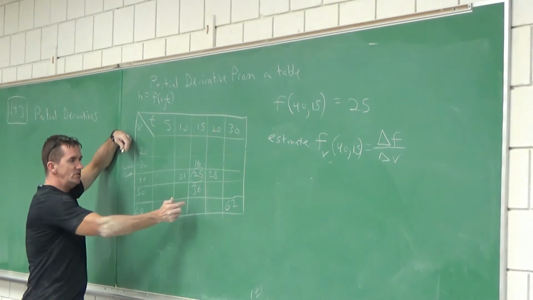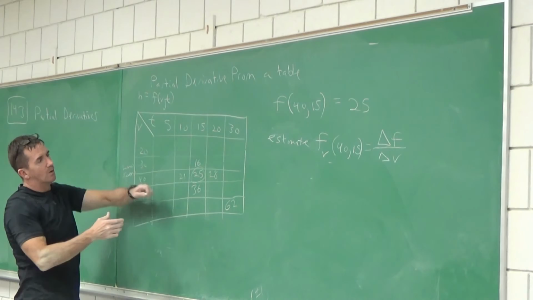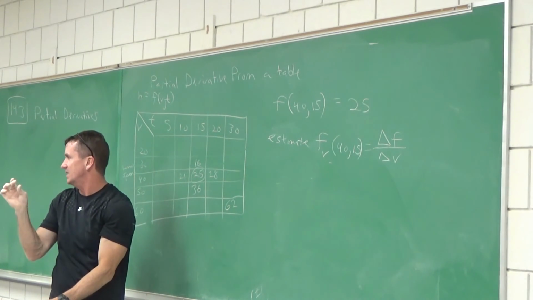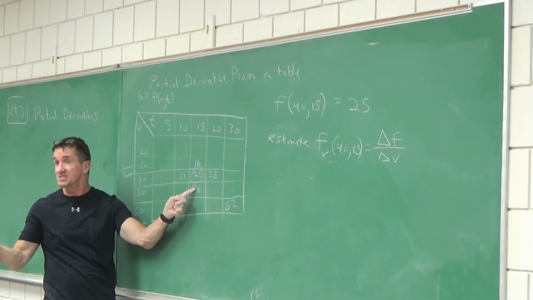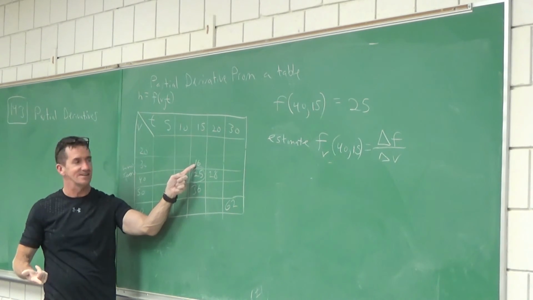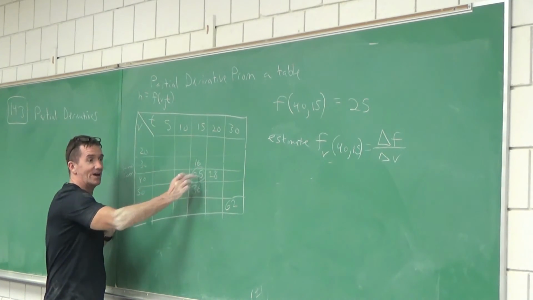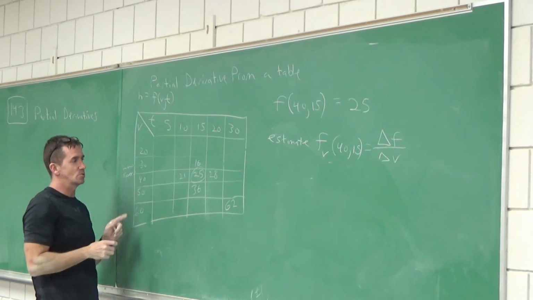So, should I use numbers like this, and this, and the number over here? When you're trying to estimate it at a point, use the closest numbers possible, right? What are the closest numbers I see to that 25? The 36 and the 16. So I'll do change in F, these are the heights, over the change in the V's. So what's one way I can do this?